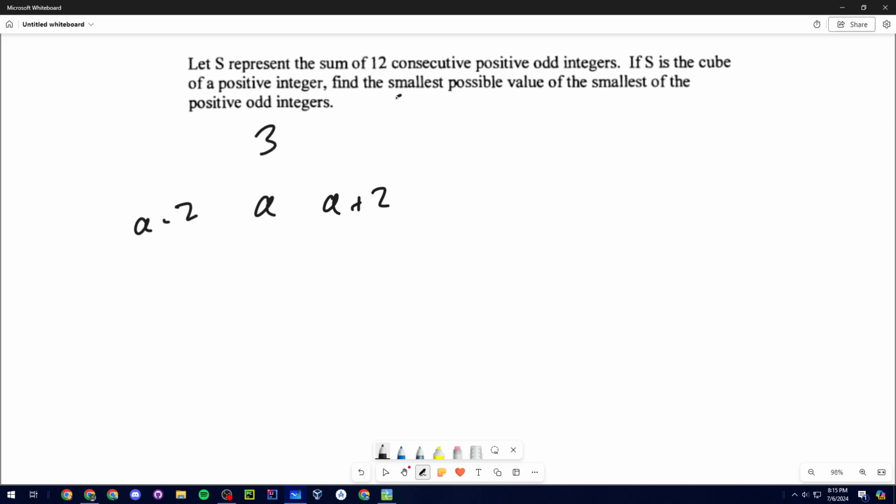But that's actually not nice because we want to find the smallest possible value. So I'll just start at a.